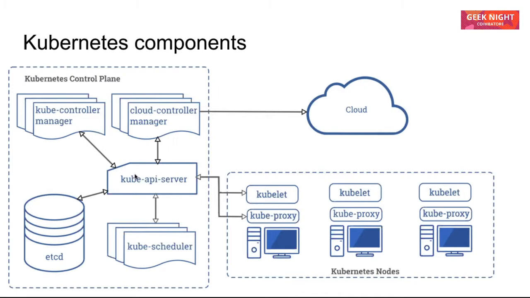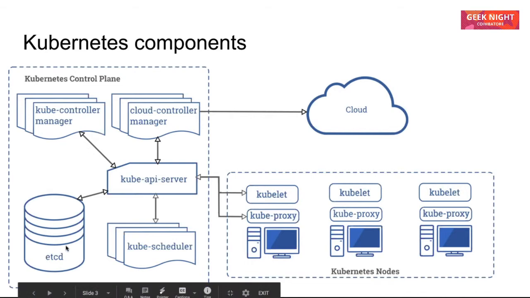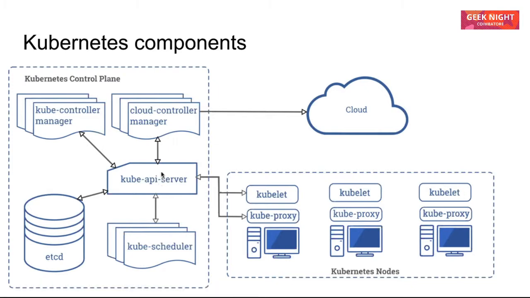It has a backing data store, etcd. This is a key value store that is used by the Kubernetes API server. It also has a controller manager. Kube controllers are really interesting in the sense that they are always in the mode where they have a desired state and there is an actual state.